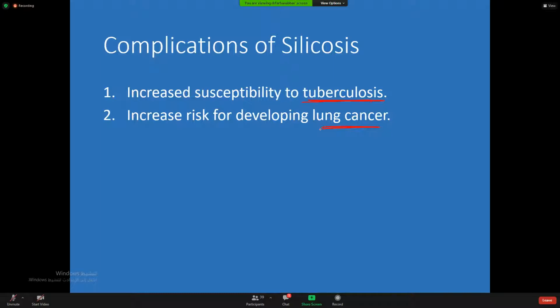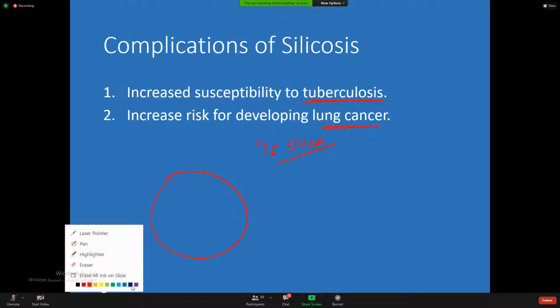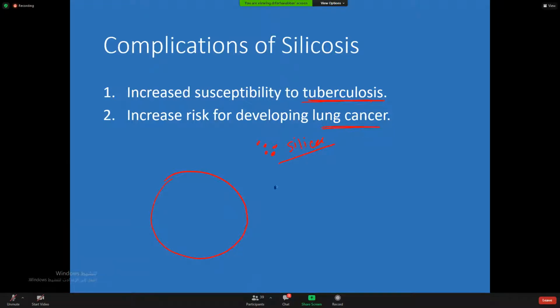How does it happen? For example, this is a macrophage, and outside the macrophage these are the silica particles. And for example, this is the mycobacteria causing tuberculosis.